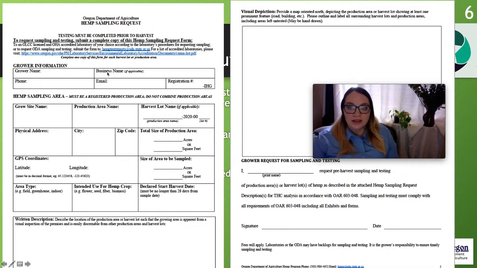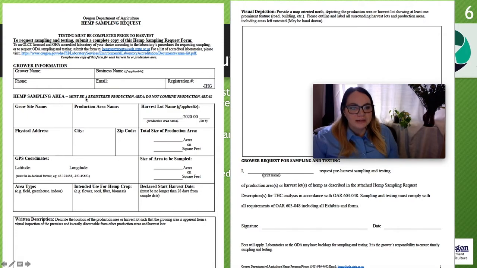Please ensure that the grower lists only one business name, as well as their contact information and then their registration number as well. Note that I put IHG here. That is so that I only get that registration number. I really don't want the handler number or the seed number. This is the only number that I'm really caring about.